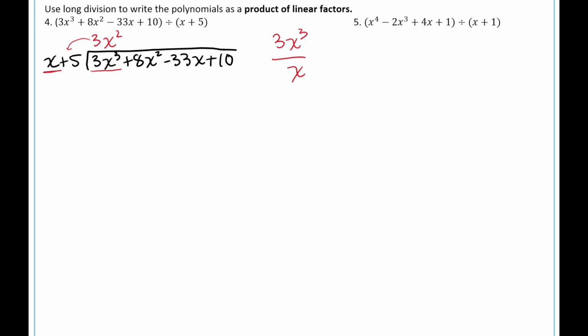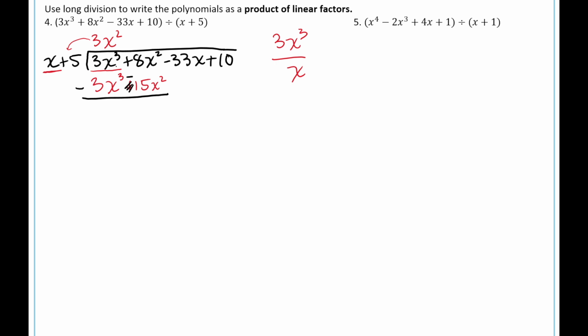So if I do that, I'm going to get 3x cubed plus 15x squared. The next step would be to subtract. When I subtract, I'm going to change both of my signs so I don't forget to subtract both of them.